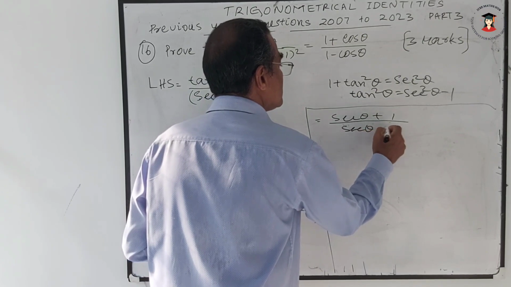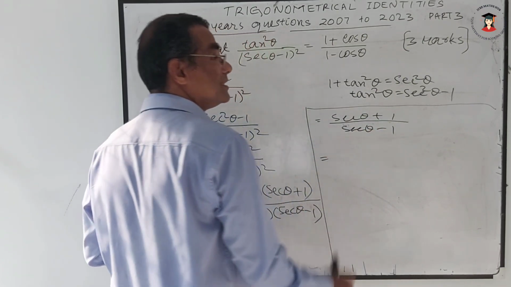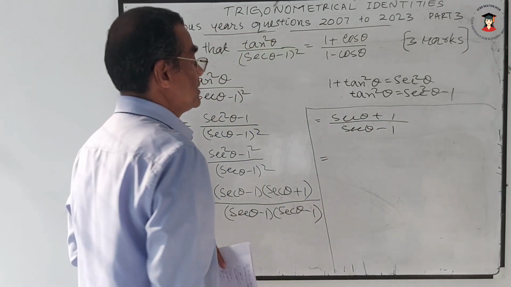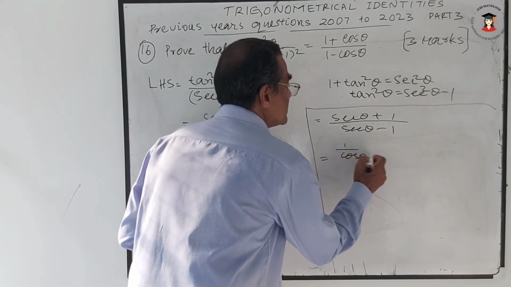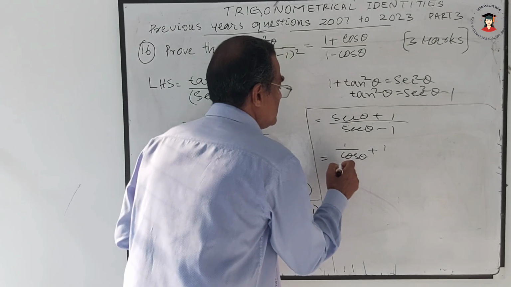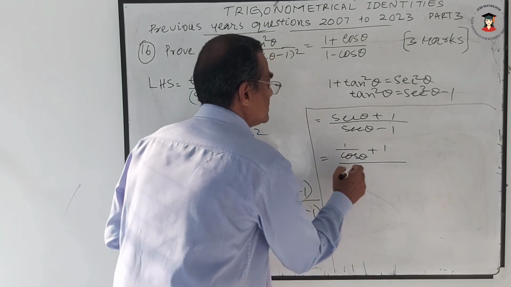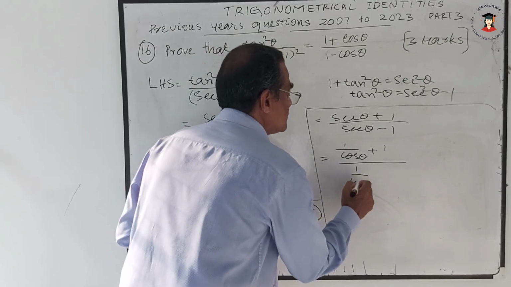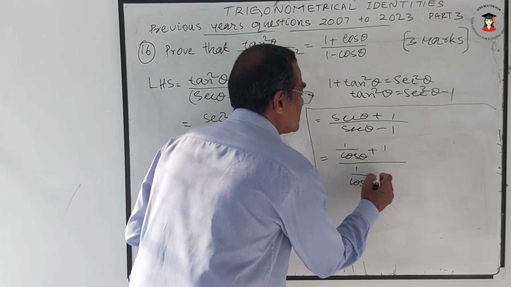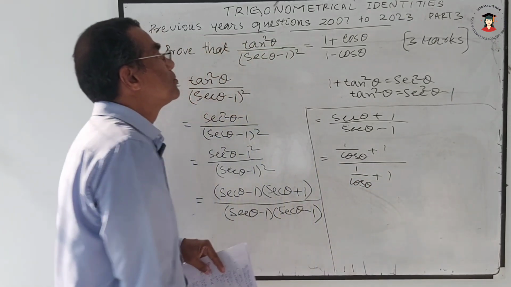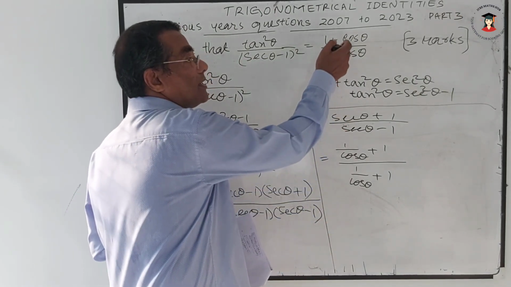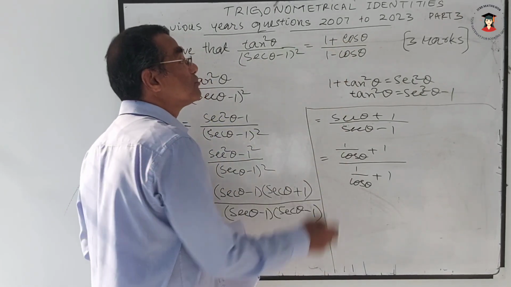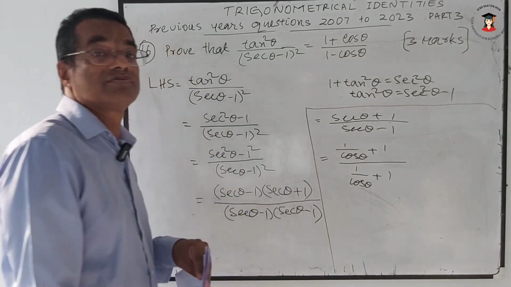Sec theta is the reciprocal of cos theta. So it is 1 by cos theta plus 1 divided by 1 by cos theta minus 1. Why I converted into cos theta is that the right hand side is in terms of cos theta, not in terms of sec theta.